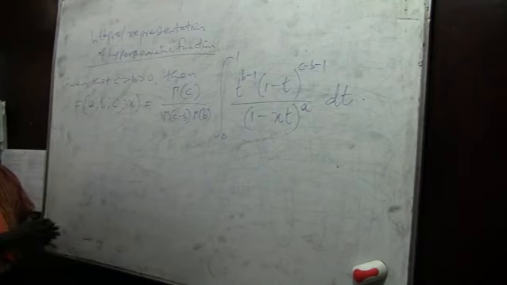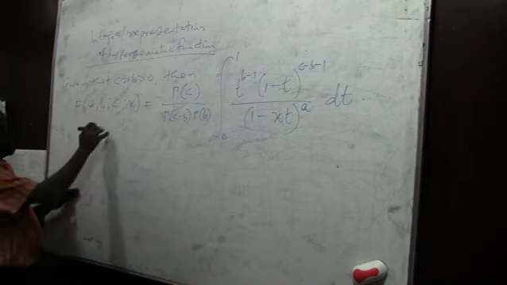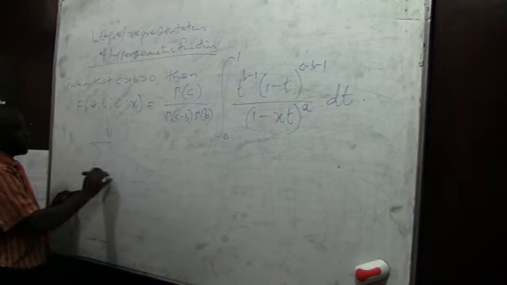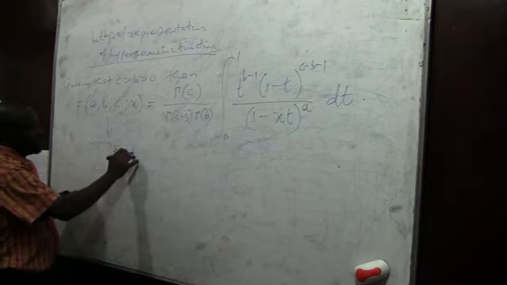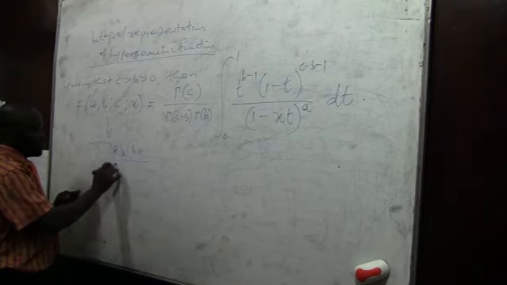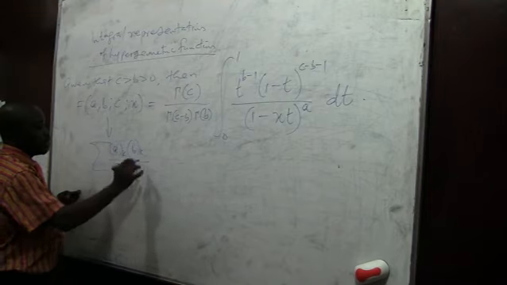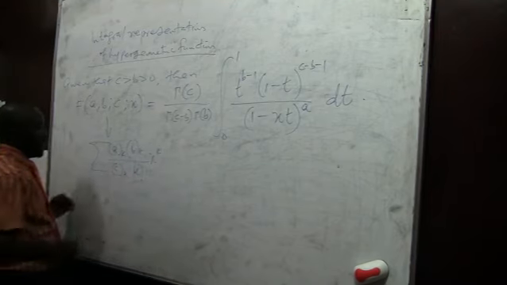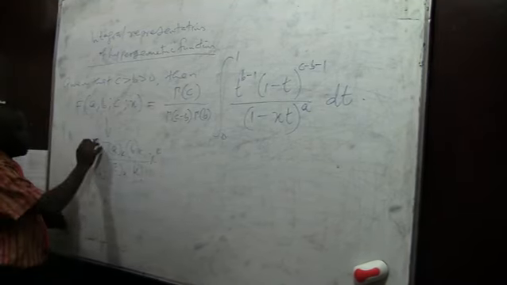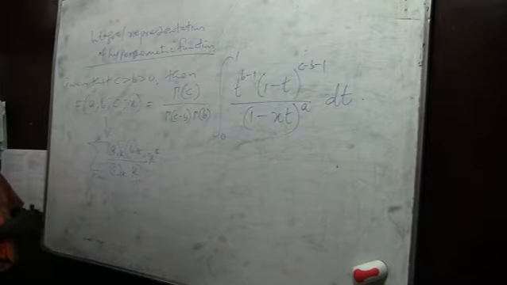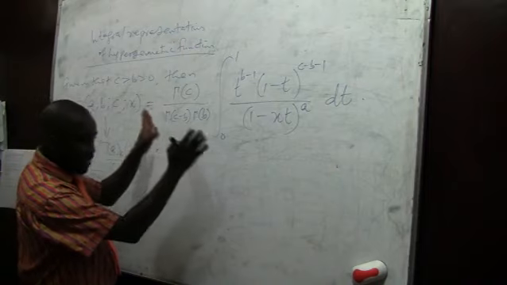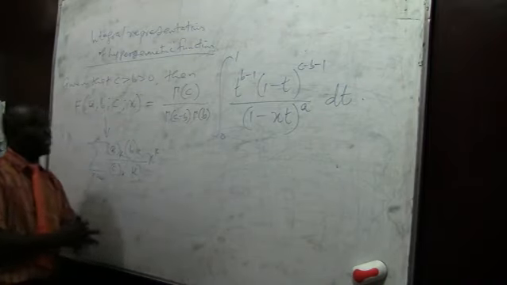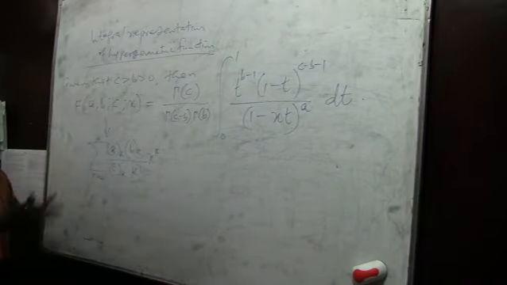Our claim is that from the general definition, this is the summation of a sub k, b sub k over c sub k, k factorial, x raised to power k, k from 0 to infinity. Our claim is that this summation and what we have on the right hand side, the integration, are equivalent.